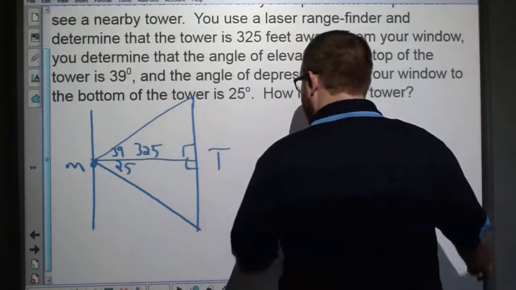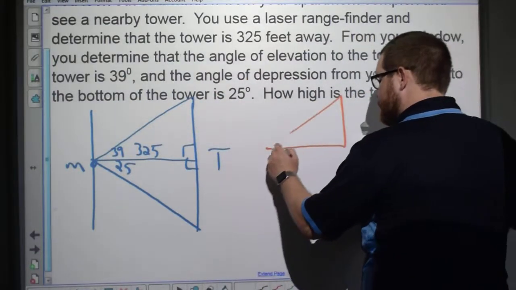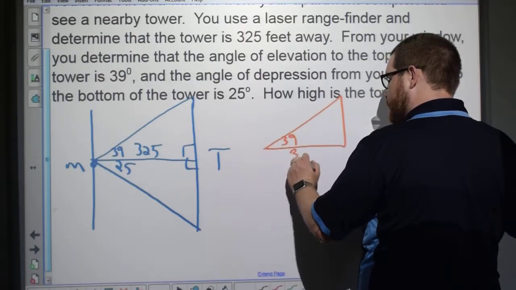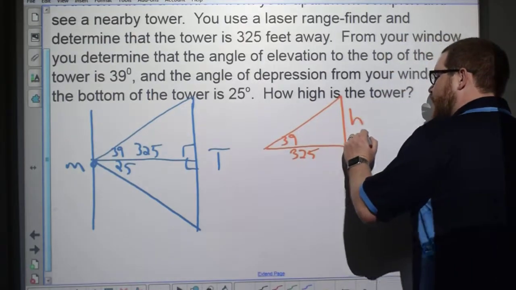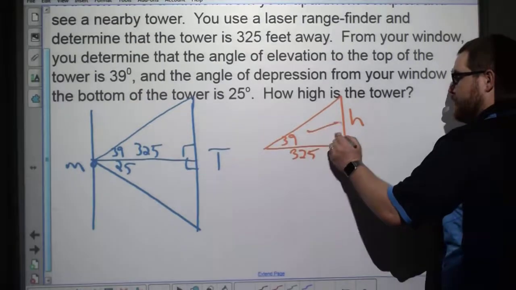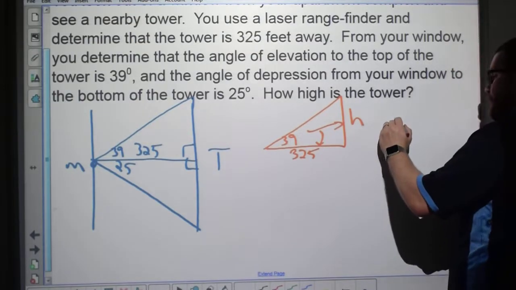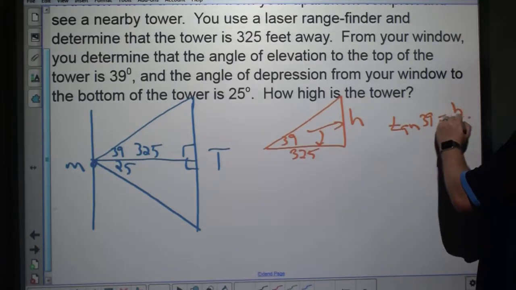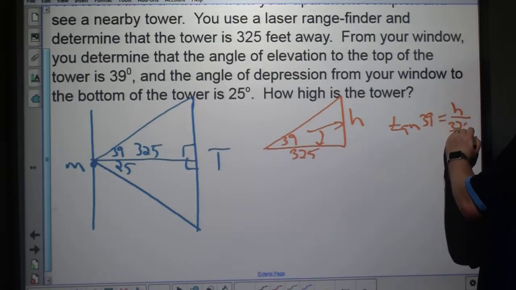I'm going to look at the top triangle. The top triangle looks like this. This is 39 degrees. This is 325. And this is part of the height of the tower. So let's figure out what relationship I have. I have the opposite side and I have the adjacent side. That's tangent. My angle 39 is the opposite over the adjacent.